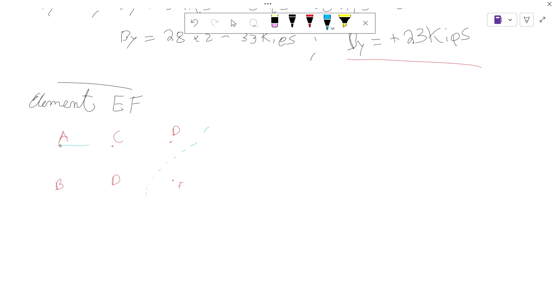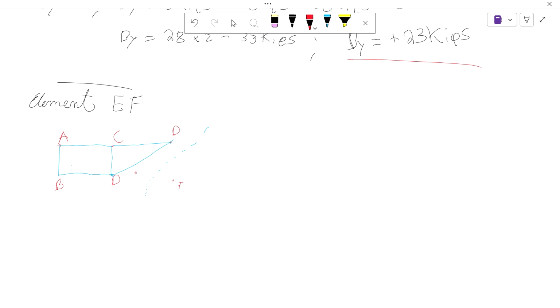So we have element A to C, C to D, A to B, B to D, and C to D.